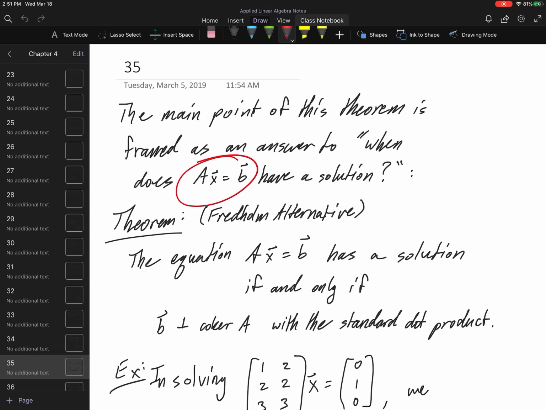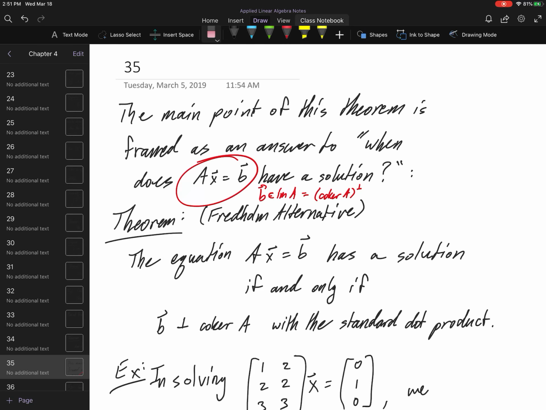So we can actually see the main point of the theorem is that we know exactly when we get a solution to this. The only time that we get a solution to AX equals B is if B is in the image of A. And the theorem we just showed is that this is the orthogonal complement of the co-kernel.